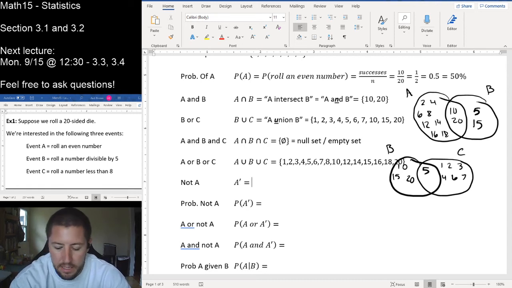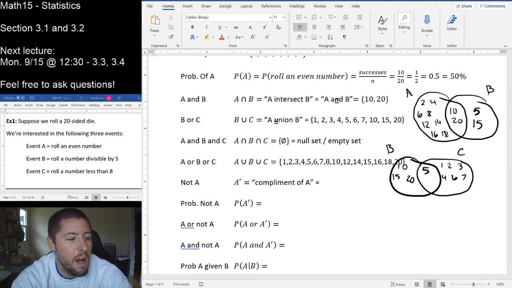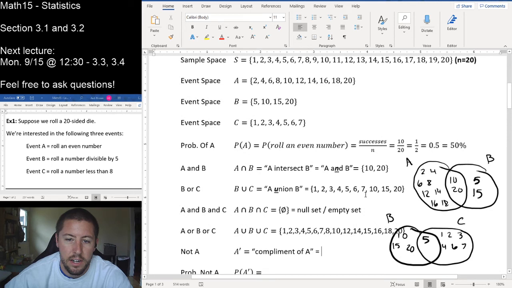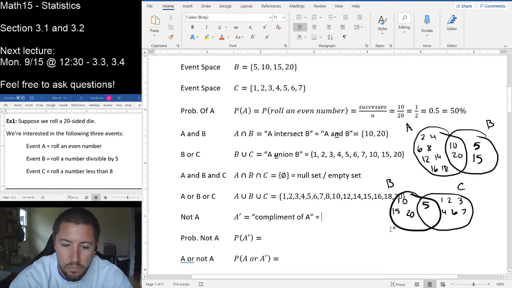So we verbalize this as the complement of A. Here we are looking for all the stuff that is not in set A. So this would be all the odds right here.